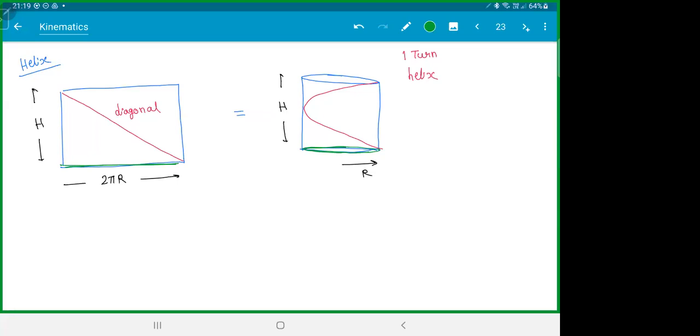This is how you get a helix. So know this concept. Clear?